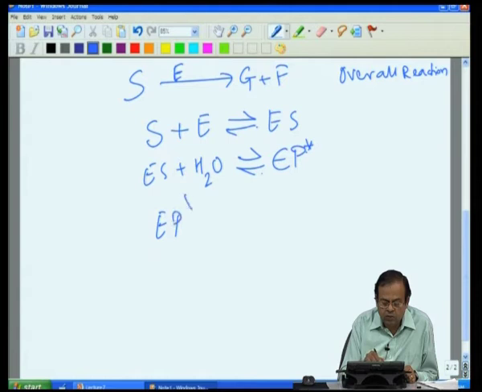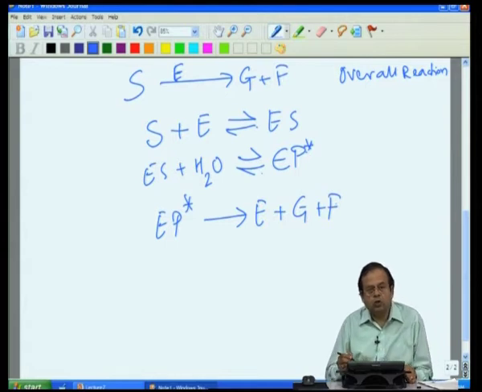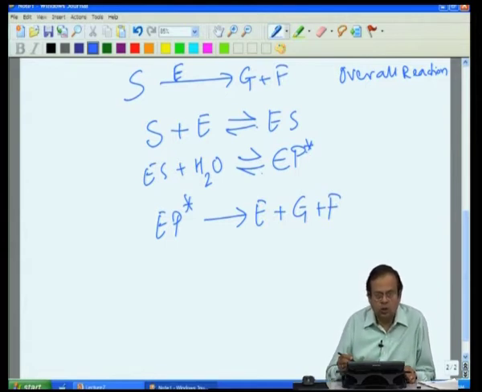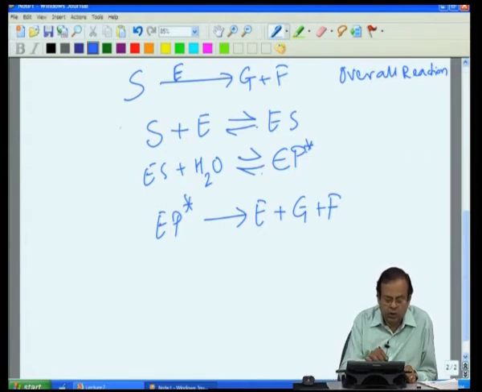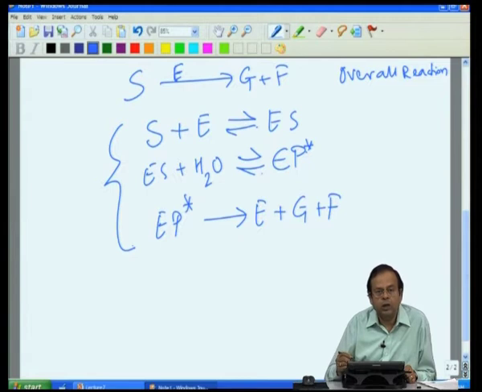Then EP star gives us E plus G plus F. So, what we have done in short is we have written the overall reaction in terms of its constituent elementary reactions.